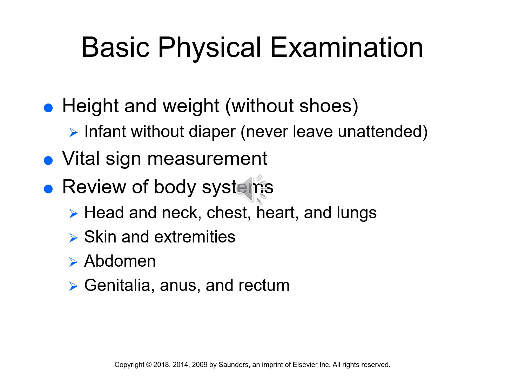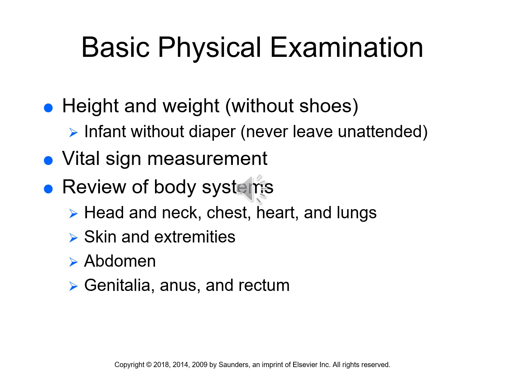Okay, so your basic physical assessment is going to include a few things. Your basic physical assessment is going to include height and weight. You want to obtain height and weight without shoes. And then for infants, you want to make sure they don't have a diaper on so that you can get an accurate weight. Make sure you never leave those infants alone or unattended on that scale. Also, your basic physical assessment is going to include obtaining vital signs.